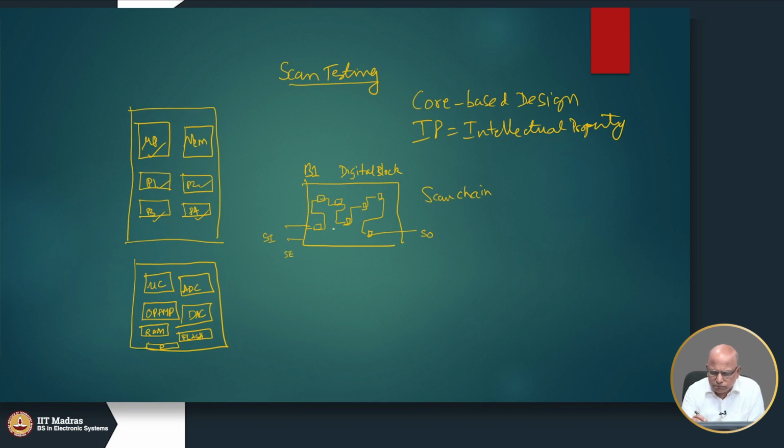In this example I have shown one scan chain, with one scan input and one scan output. You could write the same thing somewhat like this. There is a block 1 and it has a scan in and scan out, and of course clock, reset.